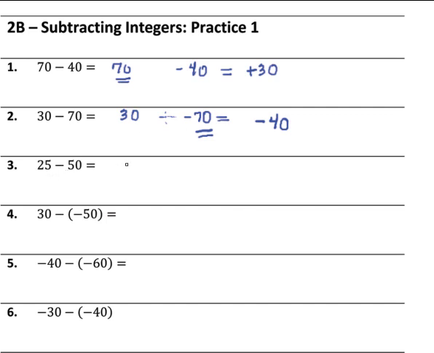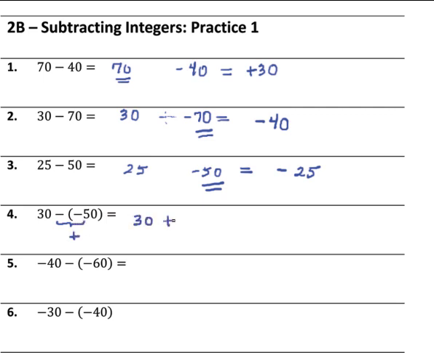All right, now 25 minus 50. Okay, subtract, sign of bigger. So 50 minus 25 is 25. And the answer is negative because 50 is larger than 25. Now here we're in the situation where we're subtracting a negative. So when we subtract a negative, we add a positive. So just turn that into a plus.